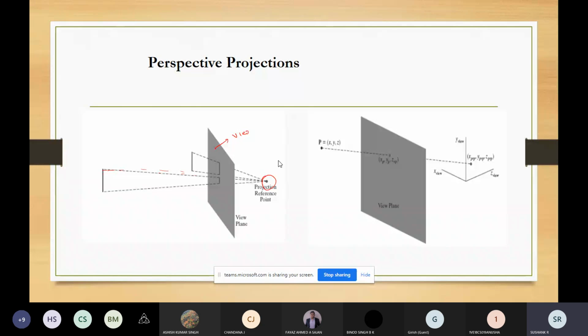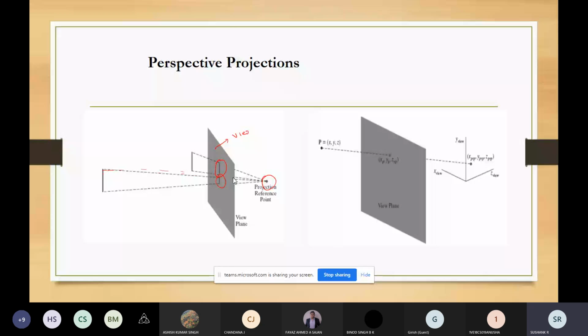If you do it like this, the objects will be displayed with a foreshortening effect. The object would look relatively smaller. As the distance between the view plane and the object is larger, the object will look very small, and if the distance is smaller, the object will look larger.